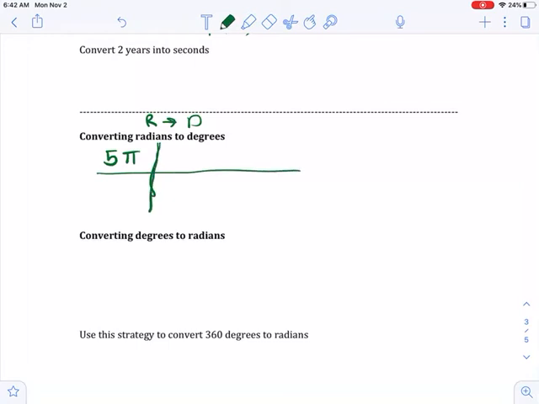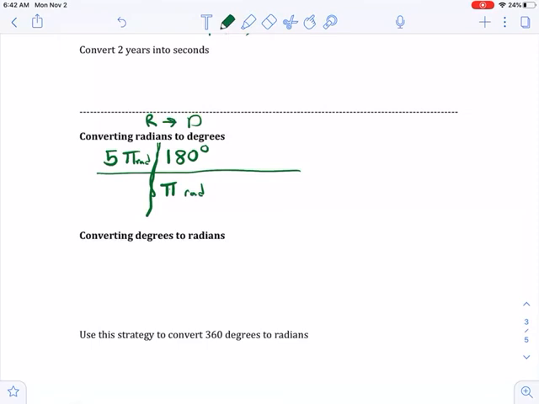It doesn't have a degree notation on it, so we can assume that it's in radians. And the one thing that I need is the conversion between the two. And the one that I like most is to say, okay, I know that pi radians, and I can put a little rad down here just to remind myself that it's in radians, is 180 degrees.